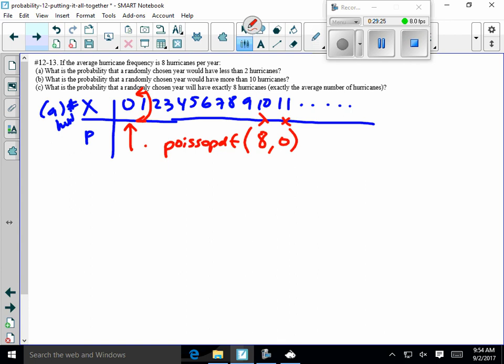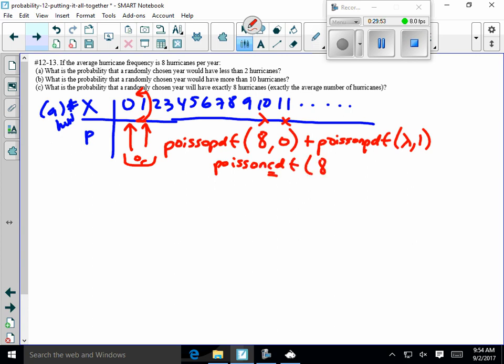And then it could be a 0 or a 1, so then I could add the Poisson PDF if the average number of hurricanes is 8 of having 1. So that would be one way to do the problem. Or if I want to do it all together, I have a single function for that, Poisson CDF. C stands for the cumulative total from the left up to a value. 8 is the average up to and including 1. And so that's the way I would do it.